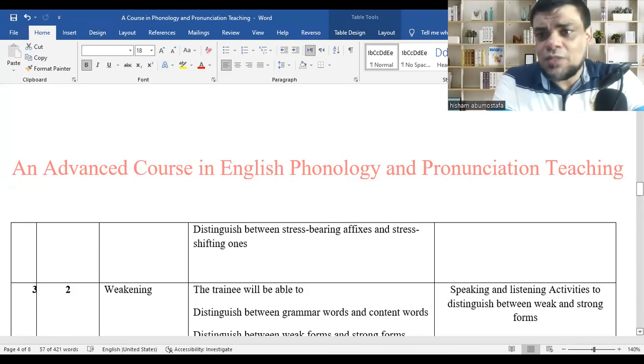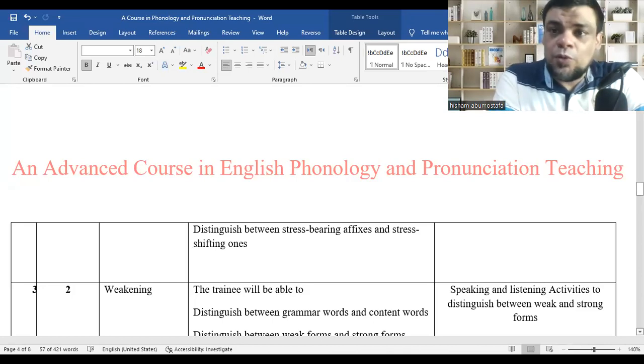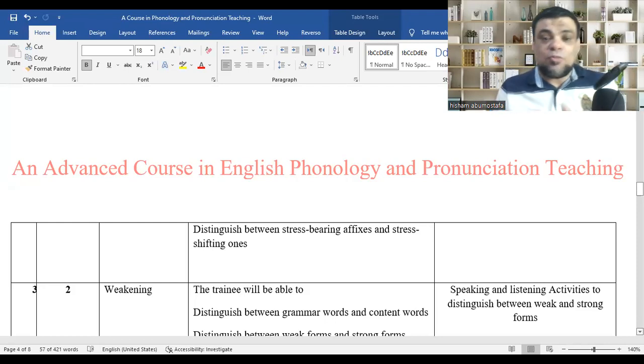Actually, in English, there is not a simple rule for the place of the stress. Why? In English, the stress is said to be both fixed and free, fixed in the sense that you must put it in a specific syllable in each word. You cannot put it anywhere.